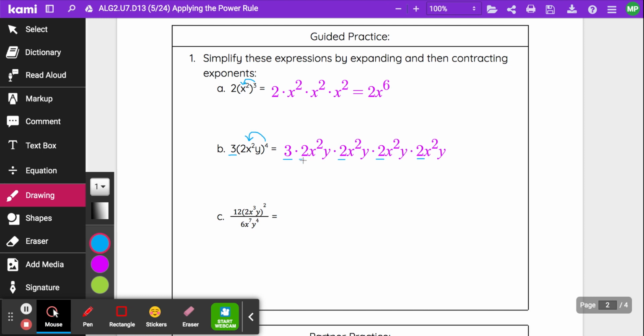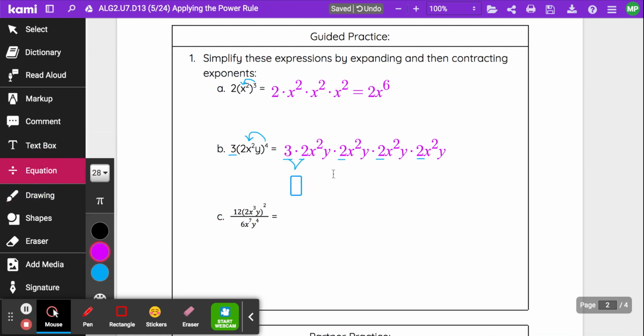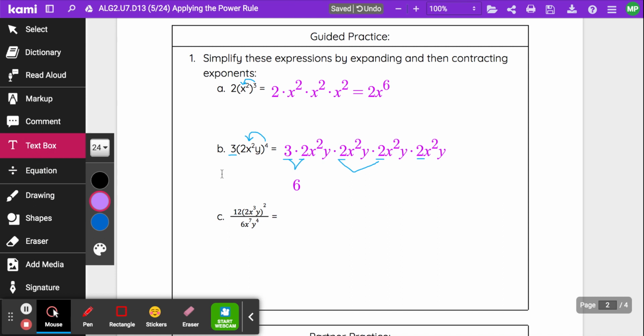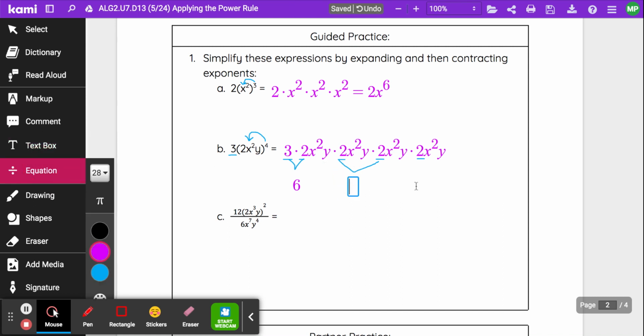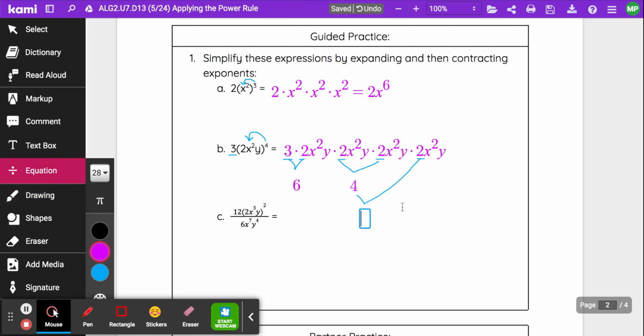I like to deal with it just a couple numbers at a time. So for example, I could say 3 times 2, 6. And then I could do 2 times 2, oops, that's 4. And I still haven't used this 2. I like to always clearly mark which ones I'm using also. 4 times 2, I'm getting into the space on my next one.